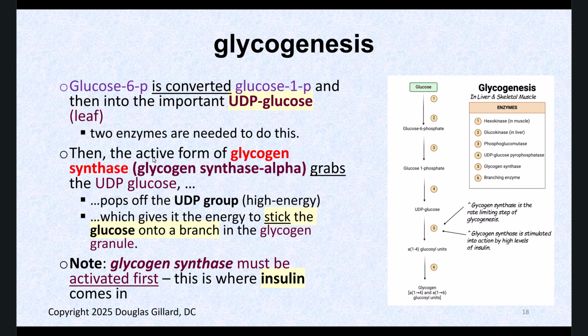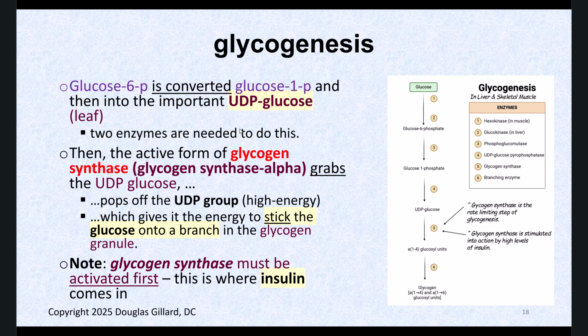Then, to activate glycogen synthase, which we'll learn is the one that actually sticks the glucose to a branch. It's normally not activated. It's full of phosphates, and the phosphates deactivate it.